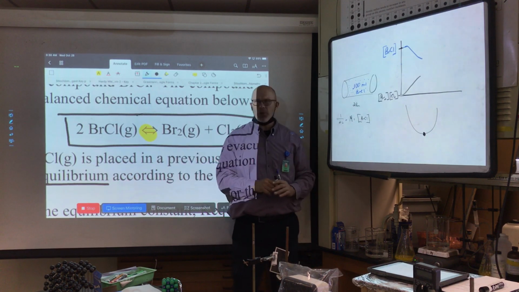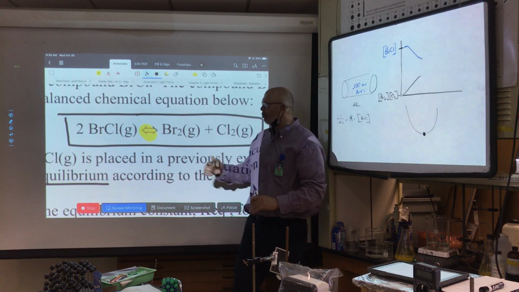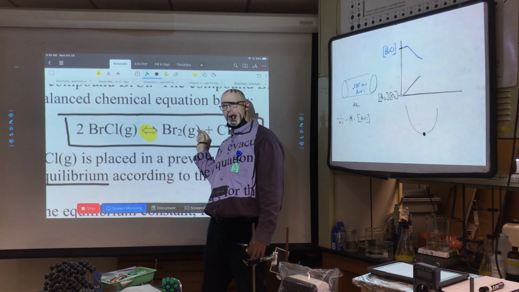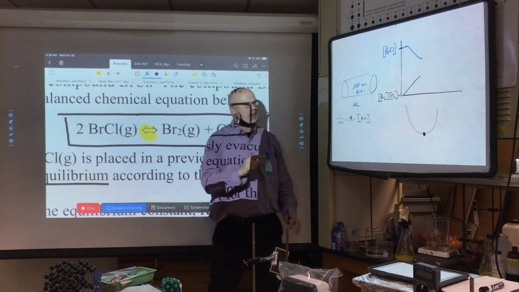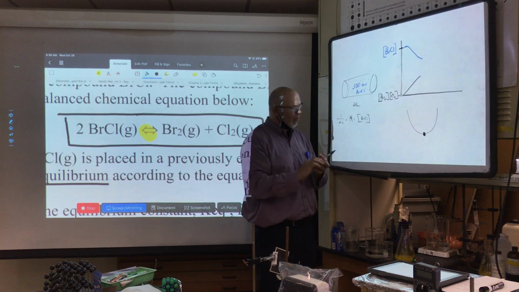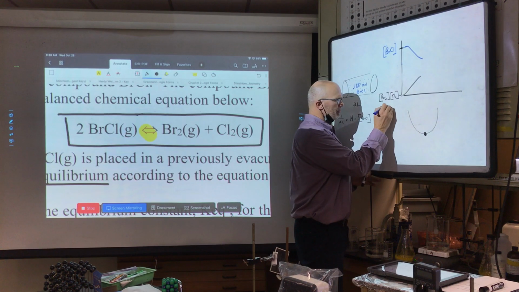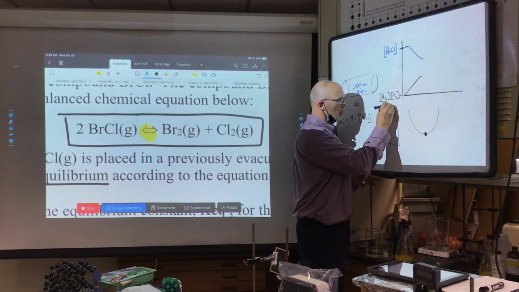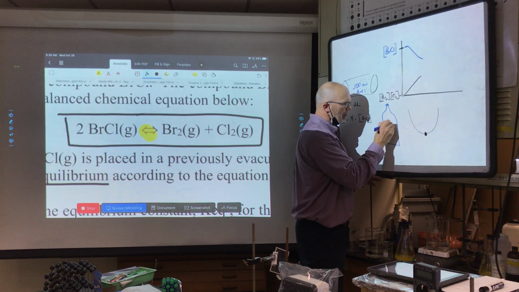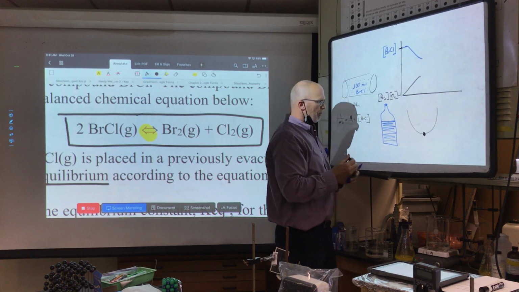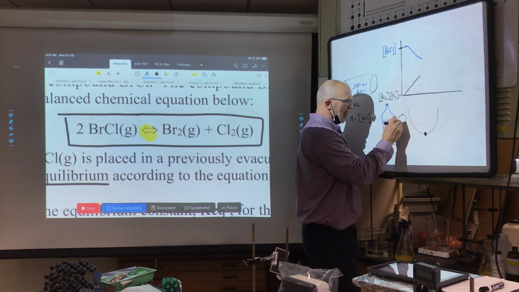Now, what is equilibrium? Equilibrium is when the rate of the forward reaction is equal to the rate and speed of the reverse. It's the death of a reaction because it looks like nothing is going on. Case in point, if I draw you a bottle, this is my fancy bottle with a top on, and I fill it up with water, and I put a person here to observe with a big eyeball.